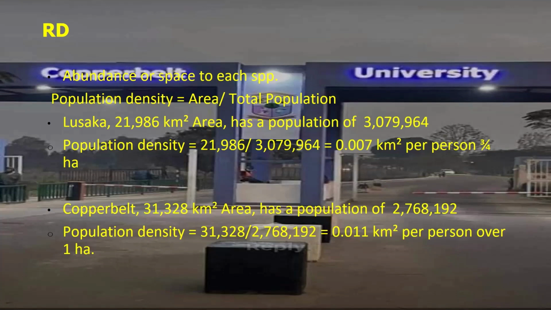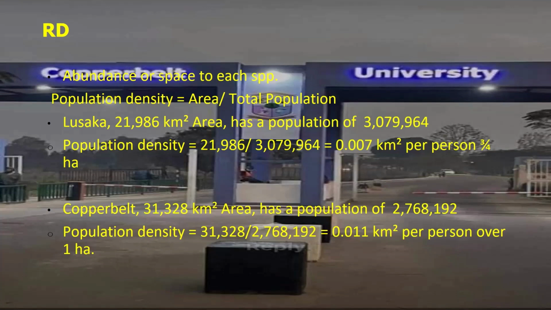So a hectare is a football pitch. Take the size of a football pitch where they play soccer. If you watch my Liverpool versus Manchester United, where players play the game where there's grass, that's an equivalent of 1 hectare. So if Lusaka was to be shared equally to everyone, everyone will get 3/4 of that soccer pitch. That's the population density.